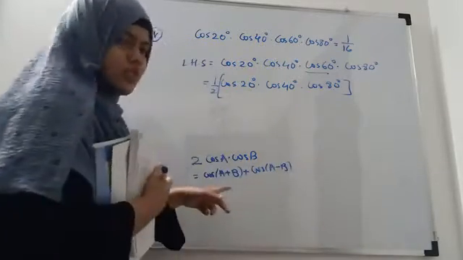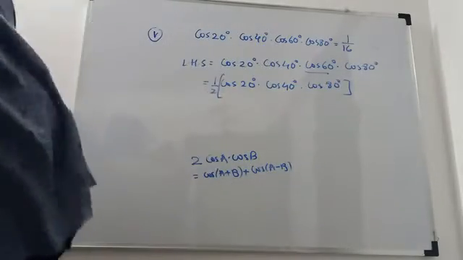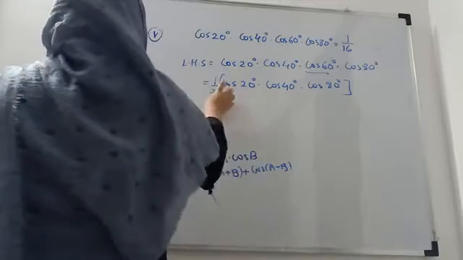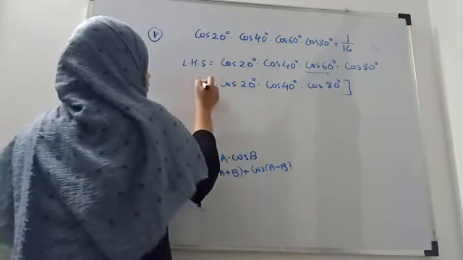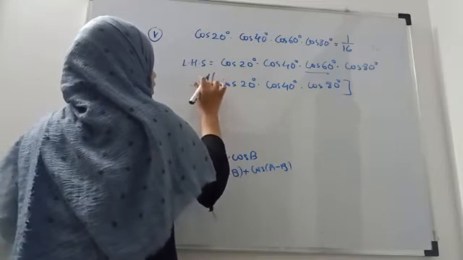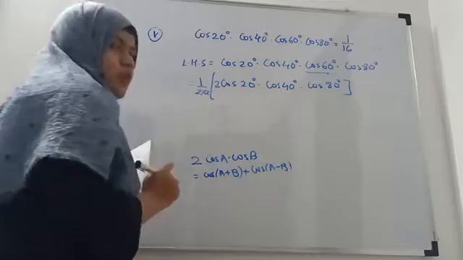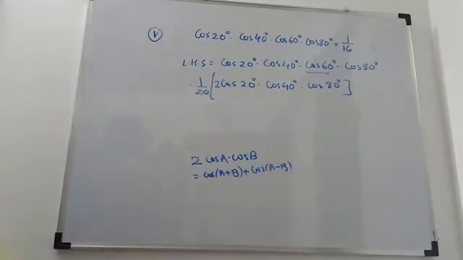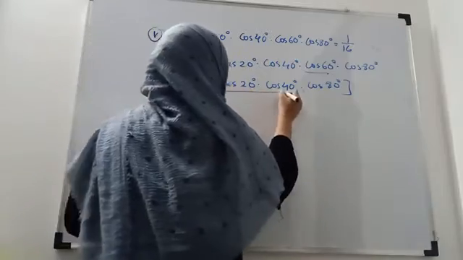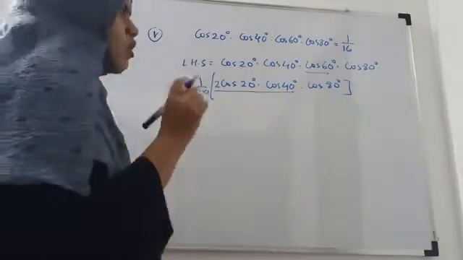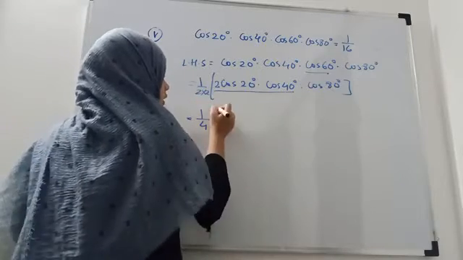So to use this formula we require 2 over here. So we will multiply and divide by 2 and adjust 2 over here. So you have to multiply 2 here as well, so multiply and divide by 2. Now we will use that formula for these two terms, and cos 80 we will keep as it is. So here 1 upon 4 as it is.